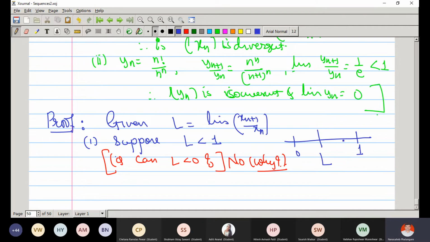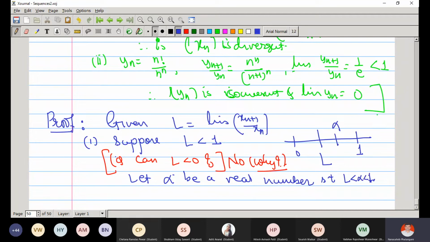Right, now let us choose some number alpha between L and 1. So let alpha be a real number such that L less than alpha less than 1.